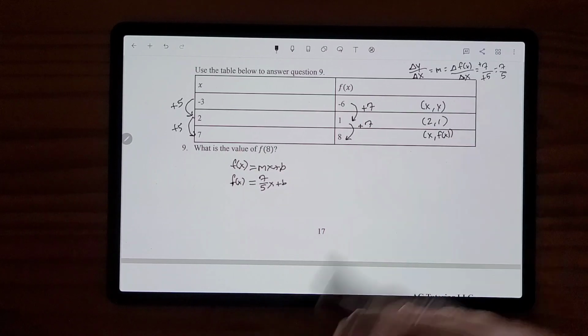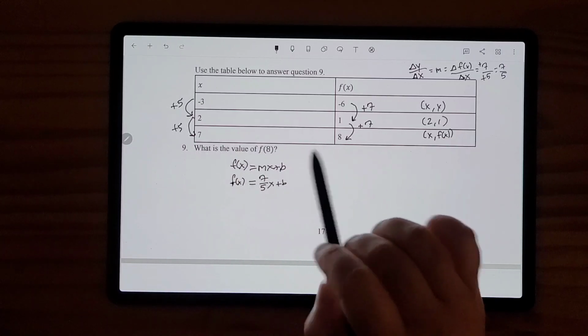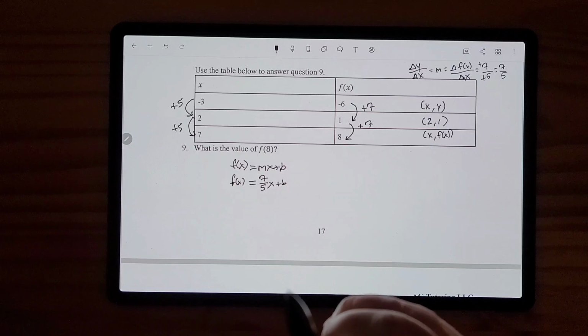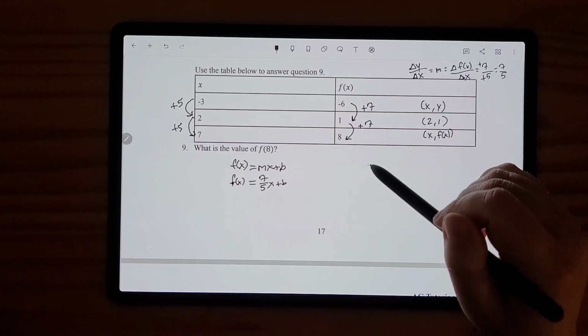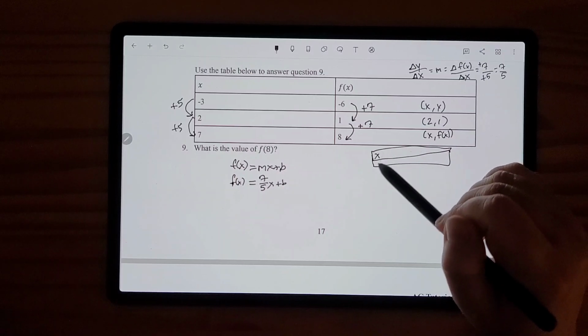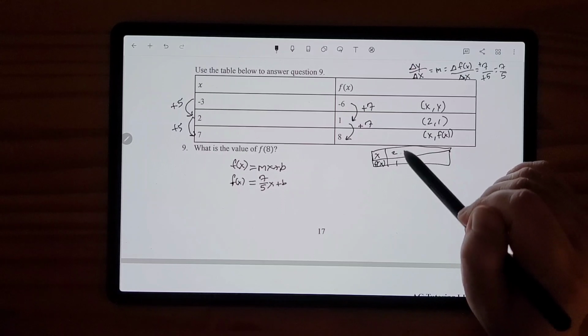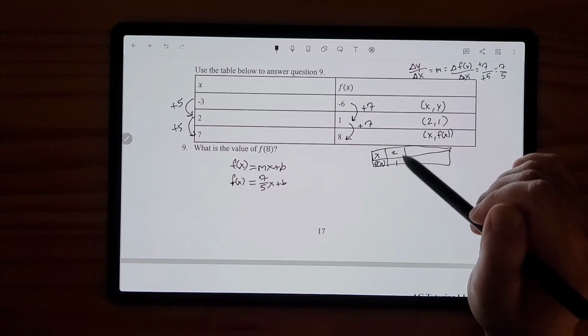Doesn't matter as long as you're making sure that they're on the same row, or sometimes they'll do it to the same side. They'll write x and f of x, and then 2 and 1 would be the matching ones on the top and the bottom.